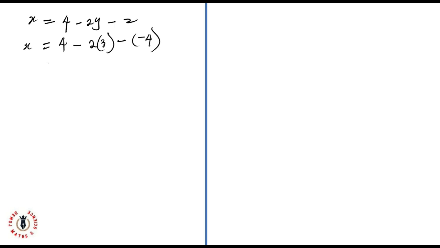So x will be the same thing as 4 minus 2 times 3, that's 6. Minus times minus here becomes plus, that's plus 4. So I'm having 4 plus 4, that's 8 minus 6, which is equal to 2.